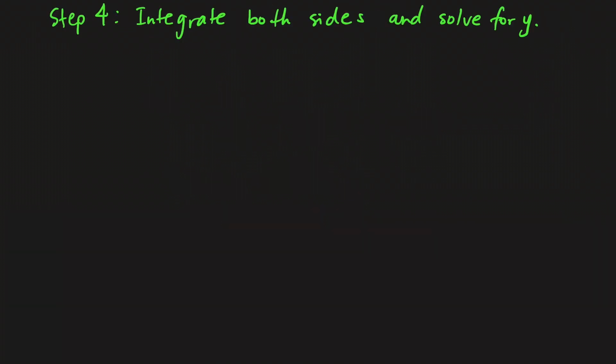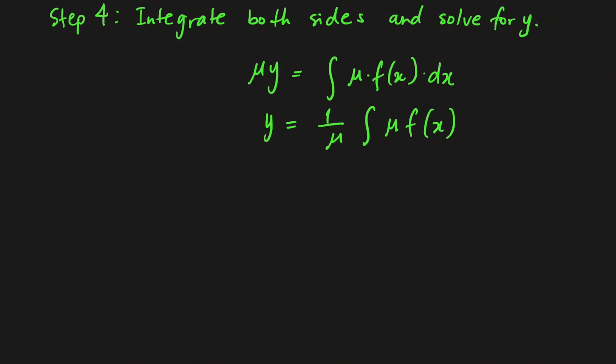Therefore, it needs to look like mu times y equals the integral of mu times f of x times dx, and we have to solve it for y after that, which looks like this in general.